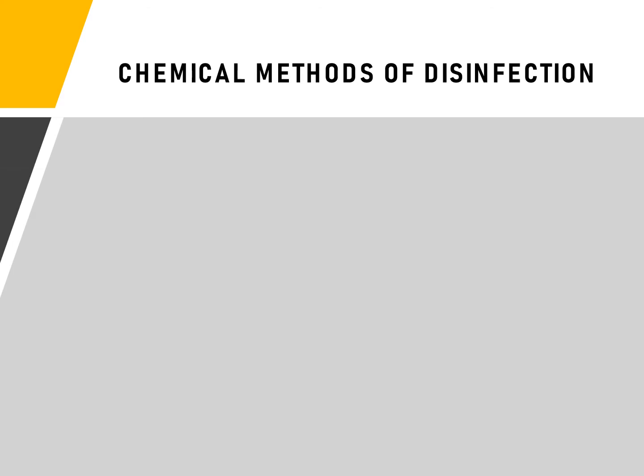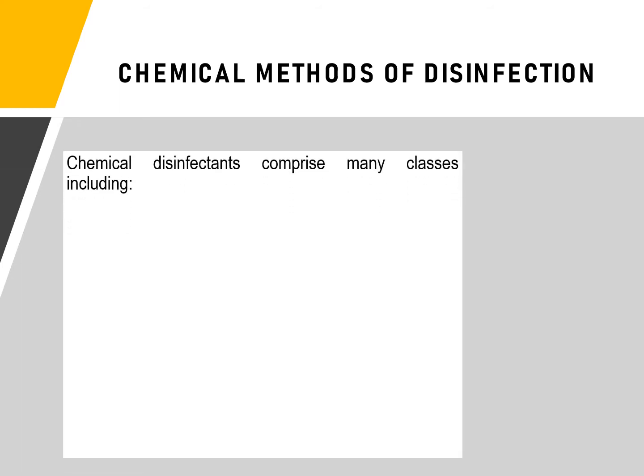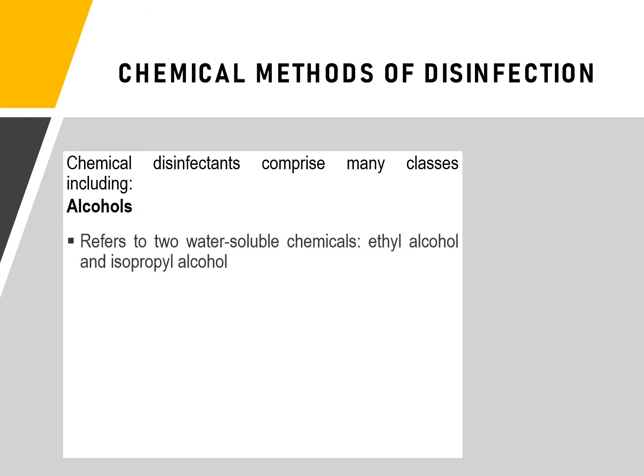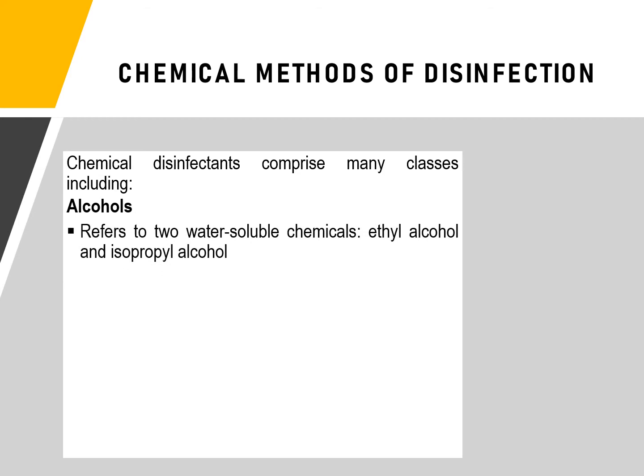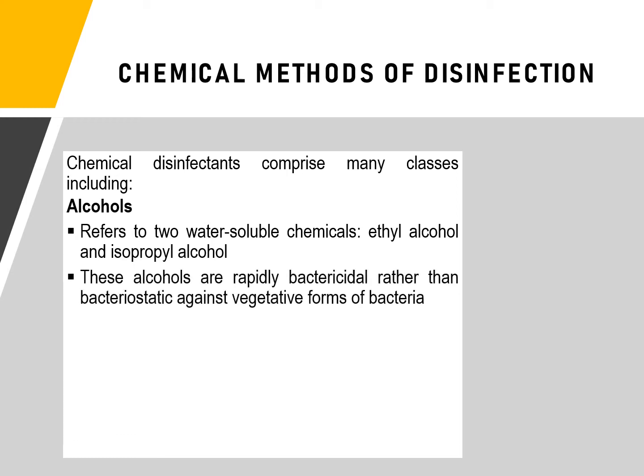Now we go to the next general method of disinfection, which is the chemical method. In this method, we are going to talk about the different disinfectants that are used for chemical disinfection. We start first with alcohol. Alcohols refer to two water-soluble chemicals that are commonly used, ethyl alcohol and isopropyl alcohol.